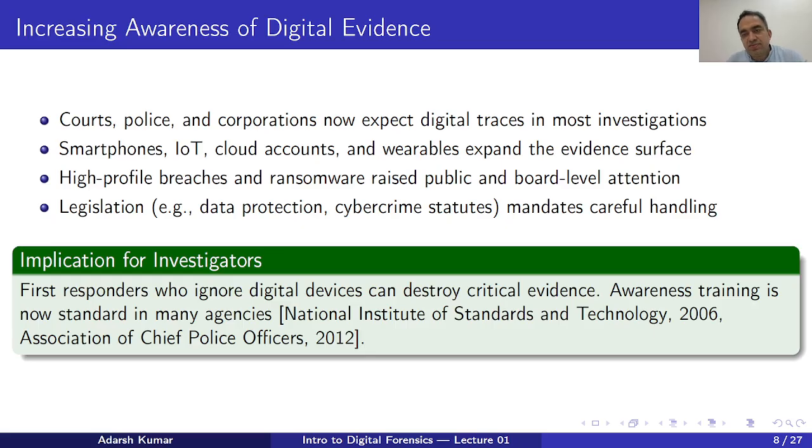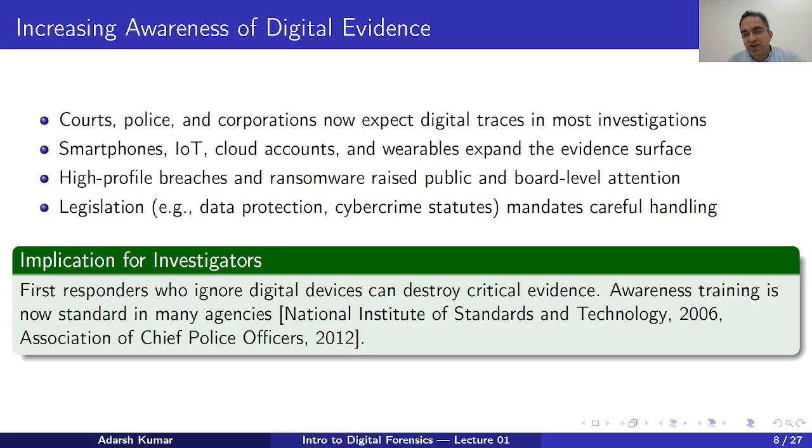Awareness has grown because courts, police, and boards now expect digital traces in most investigations. Smartphones, Internet of Things (IoT) devices, cloud accounts, and wearables enlarge the evidence surface, while ransomware headlines and data protection laws force organizations to treat logs and devices carefully.